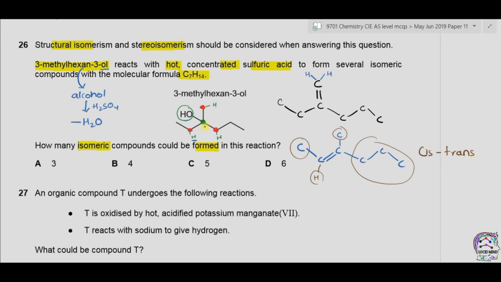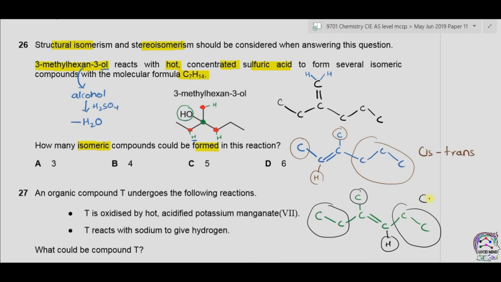For the third product, the double bond will come between these two carbon atoms. So again we can draw the structure. You can see that the double bonded carbon is bonded to two different groups, and this double bonded carbon is attached to one hydrogen atom and one is this group.